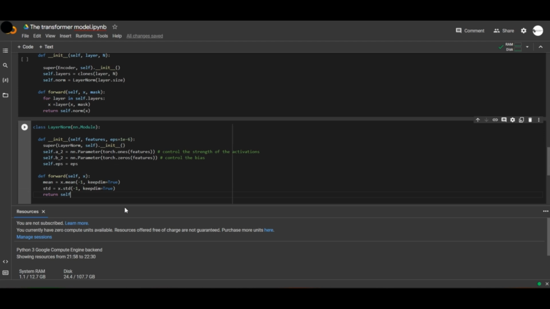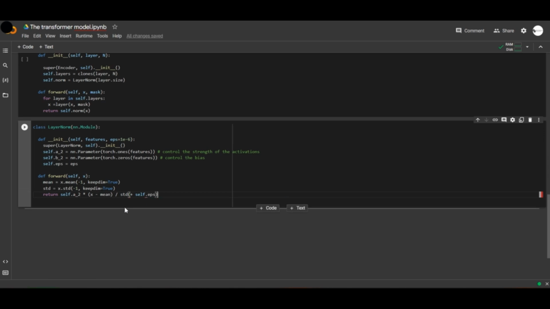But this time we also have learnable parameters. So we take self.a2, which we said is the parameter that scales the factor of the normalization, so it controls the strength of the activations. Like I said, we take x minus the mean, and then we divide by the standard deviation plus self.eps.